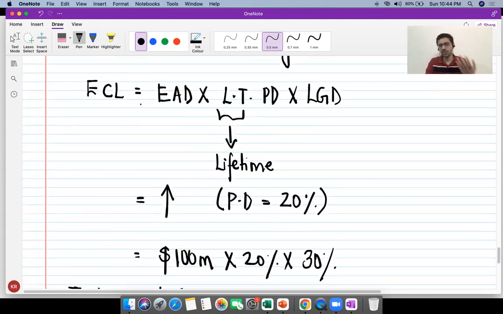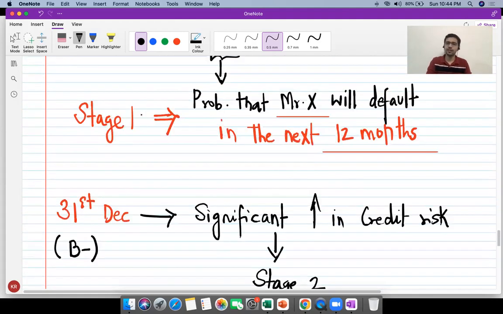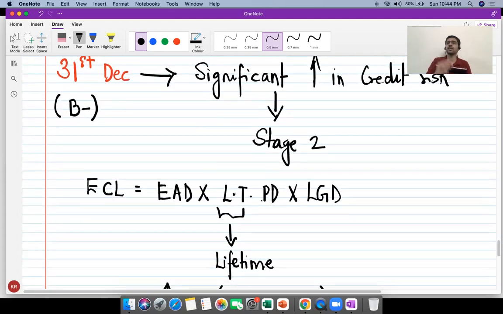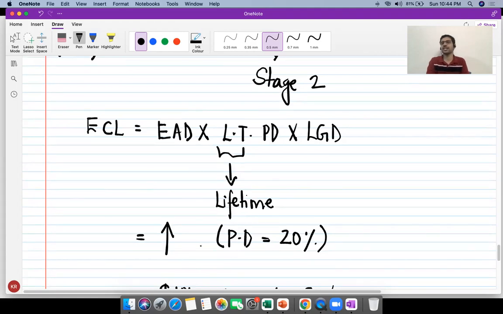All right, I just want to clarify one more thing. Even if there was no significant increase in credit risk over here, the PD could still change. Please don't think that the 7% is going to be a constant probability of default. Even if there is no significant increase in credit risk, where the exposure continues to be classified under stage 1, still the next 12 months probability of default could change, and there can be a change in ECL.